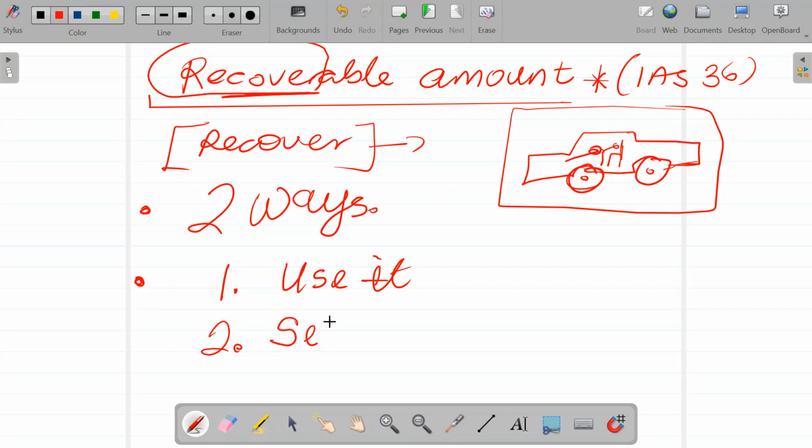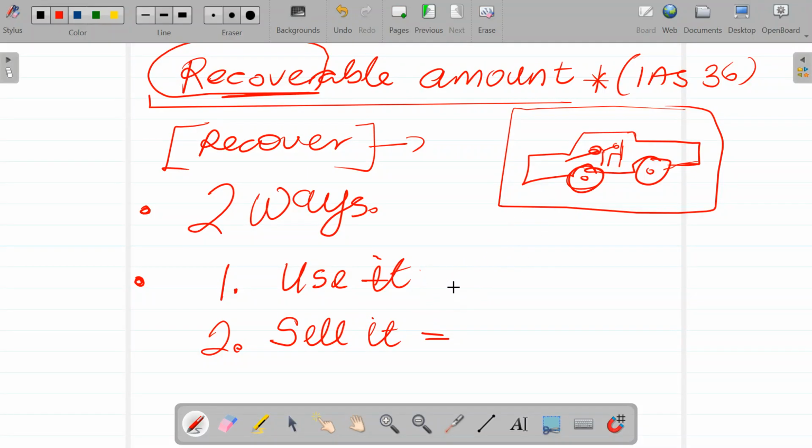You can also decide to sell it. If you don't want to use it, you can sell it, and you can also benefit from it. Okay, use and sell.